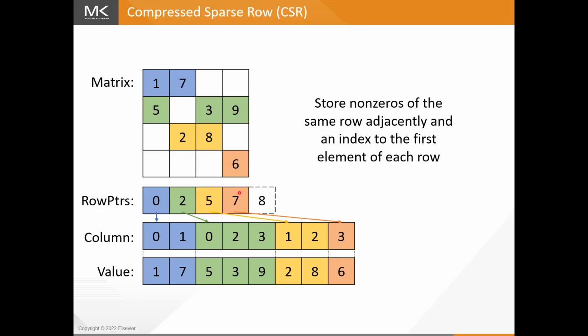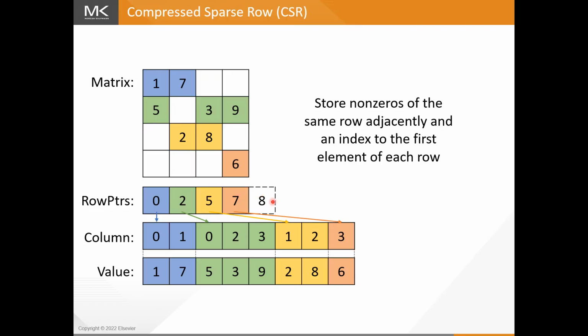You'll see later on that sparse matrices are also used to represent adjacency lists of graphs, for example. If I have a vertex that doesn't have any edges, an isolated vertex, then the row is going to be empty for that vertex. That's an example where you could have an empty row, but you still need to have that row.